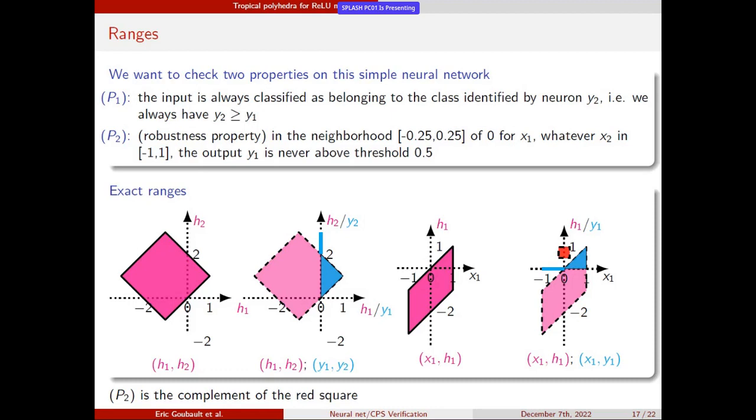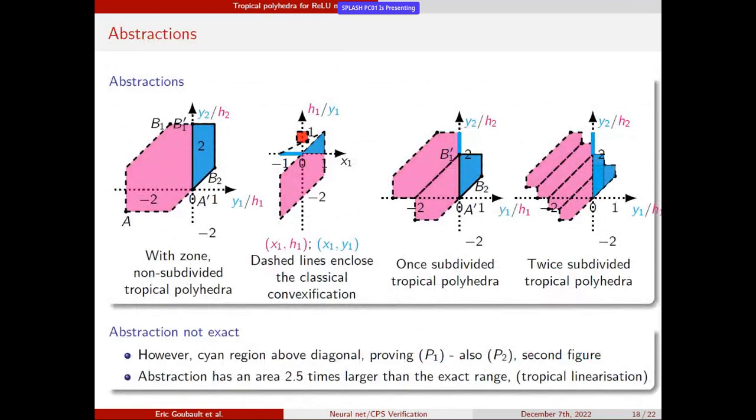But then what happens if we do analysis with something like zones? Well, you see that we cannot hope to prove the second property because the convexification of the exact shape in blue, the second image here, already touches the red box. So with zones, it's not going to work.